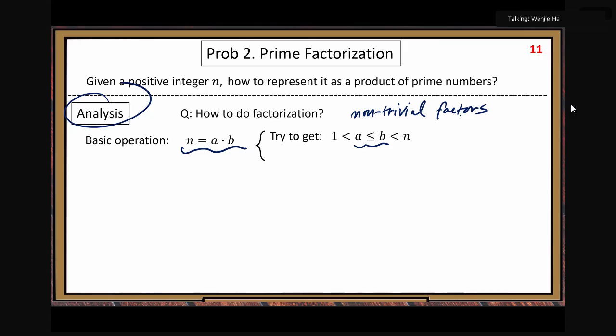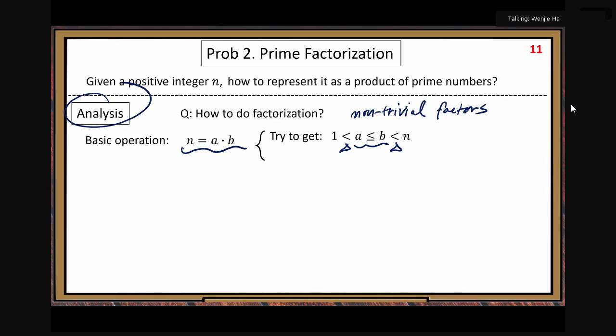So if a and b sit in the range strictly greater than 1 and strictly less than n, and a and b could be equal, we are interested in these non-trivial factors for n. If you can find non-trivial factors, that's good, right?